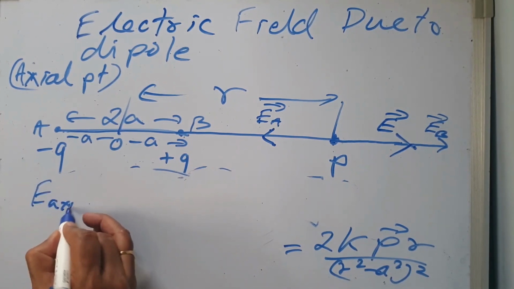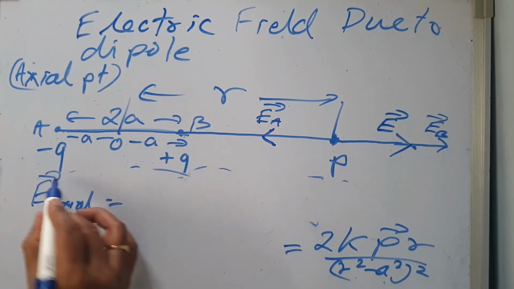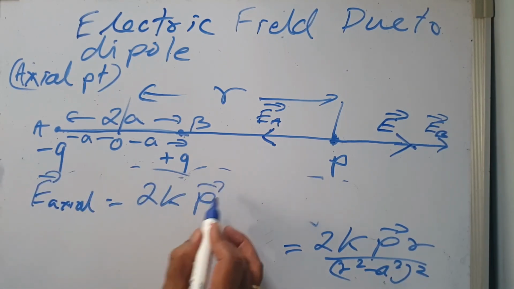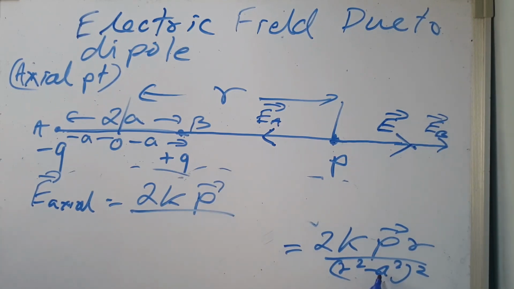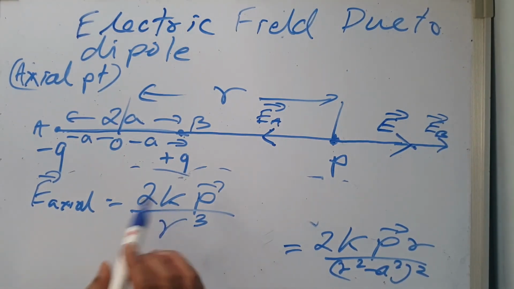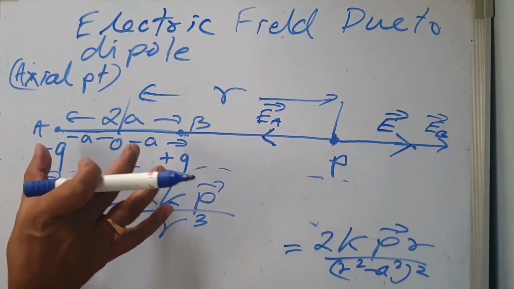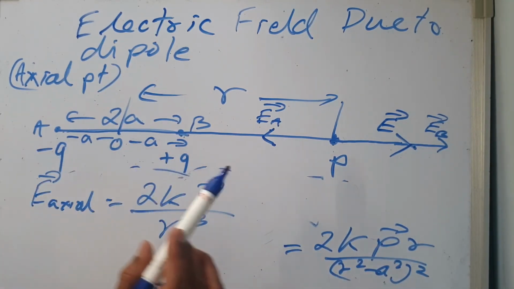E axial will be 2kp upon this. a squared is neglected, then what you get? r squared whole square is going to be r to the power of 4. This r will get cancelled with one of those, and you'll get r cube. So this is the expression for the electric field at an axial point due to a small dipole. That means a is very small as compared to r.